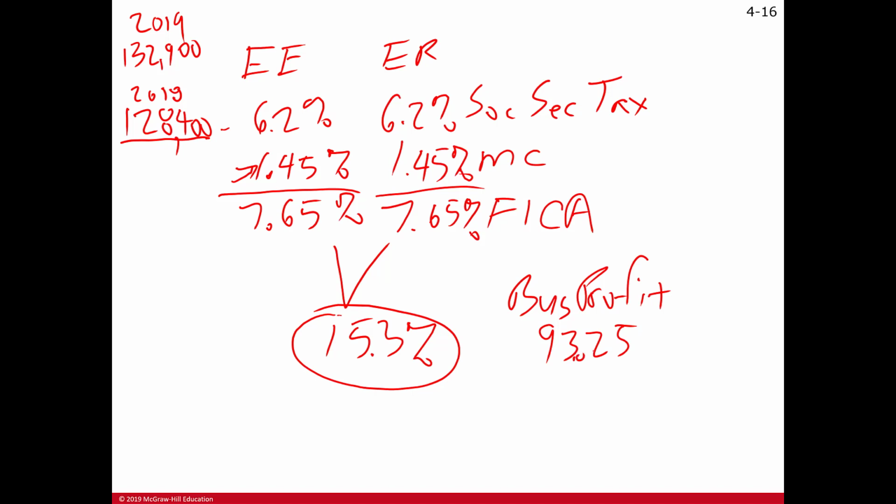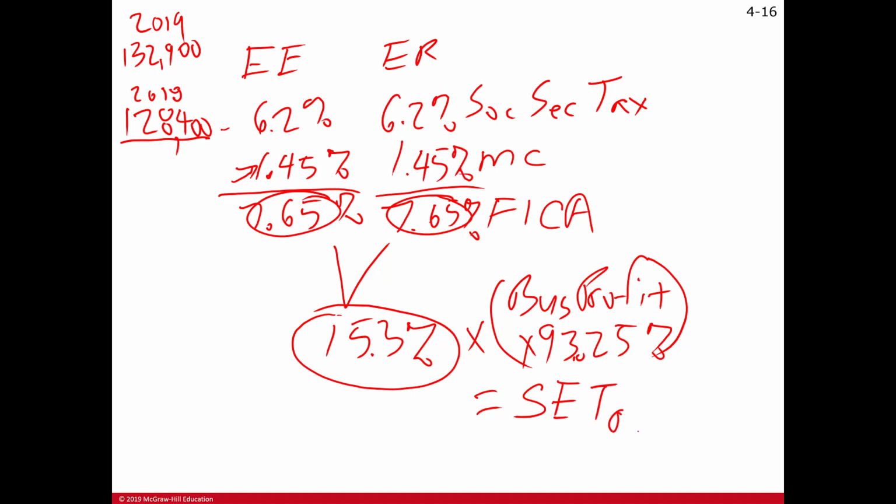I think they're reducing 100% by either the employer or employee share. You multiply the two, and it's this amount that's subject to 15.3%. They call this not FICA, not Social Security tax, but self-employment tax. This is in addition to your income tax. So this is a big hit for a lot of small businesses.